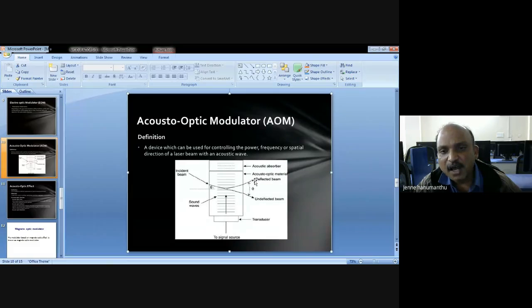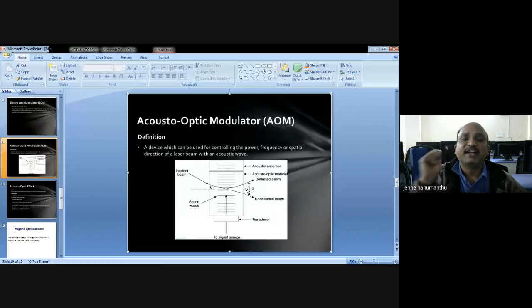It is an acousto-optic material with an acoustic absorber. Whatever sound we generate is absorbed in this material. What is the basic principle of this? We are simply converting the input into an acoustic signal. So when the light passes through acoustic signals, the beam is deflected.